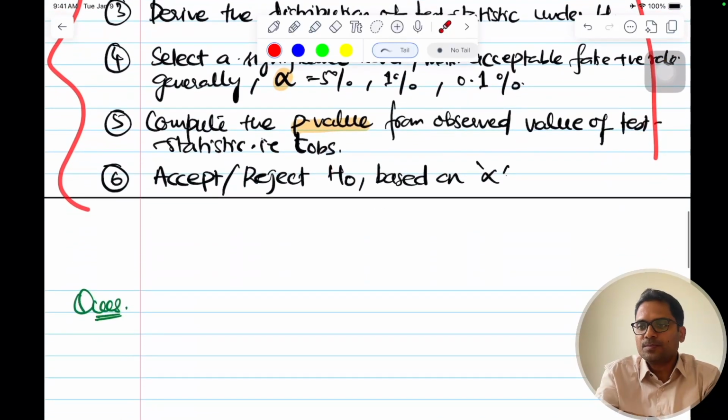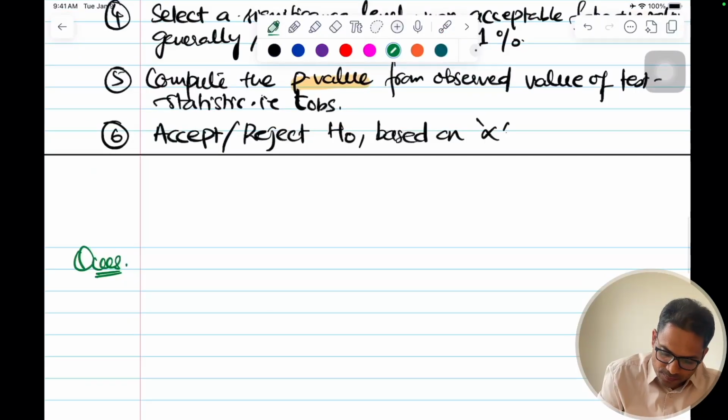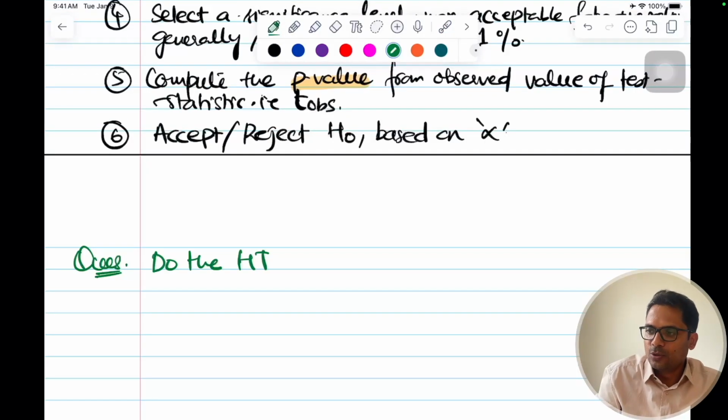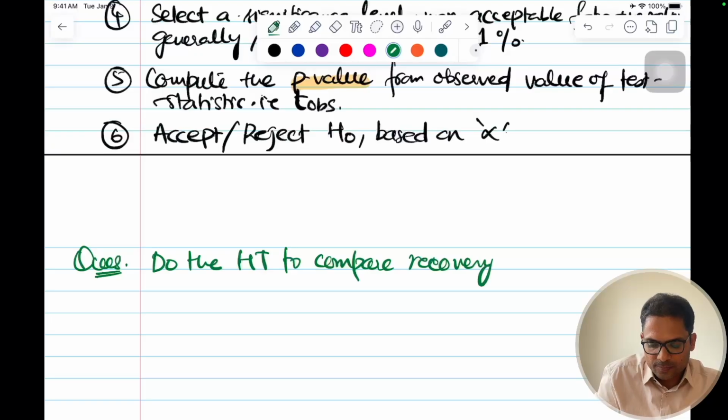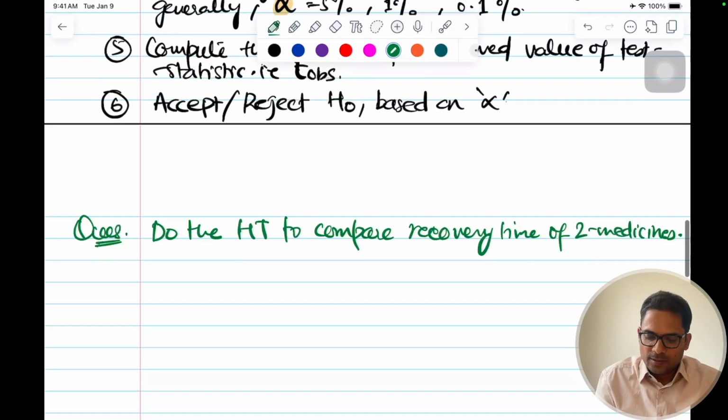So the question is, do the hypothesis testing, HT, to compare the recovery time of 2 medicines. There's a medicine 1, medicine 2, and we have some data.